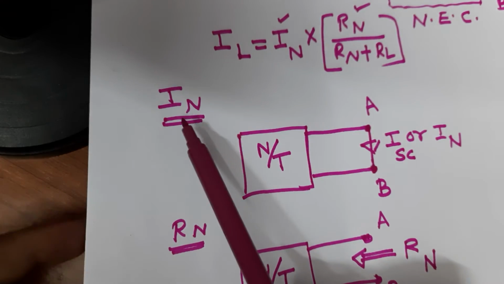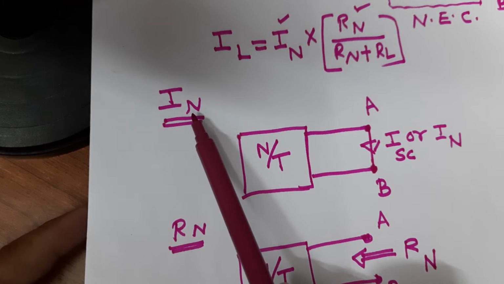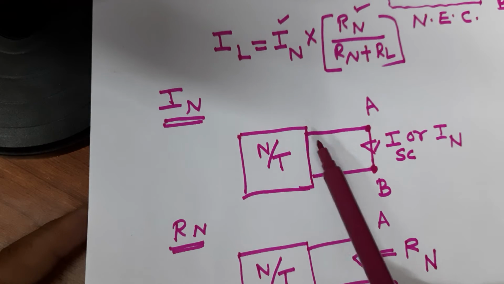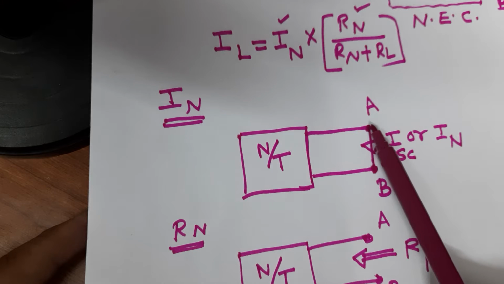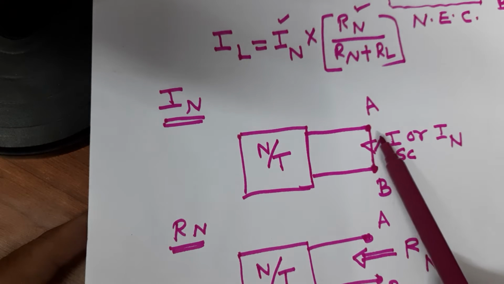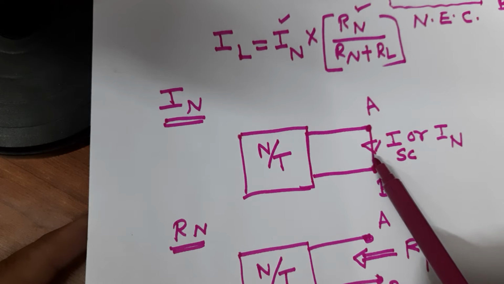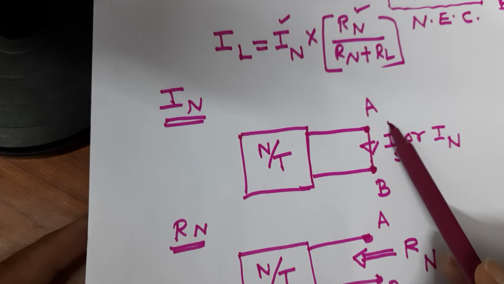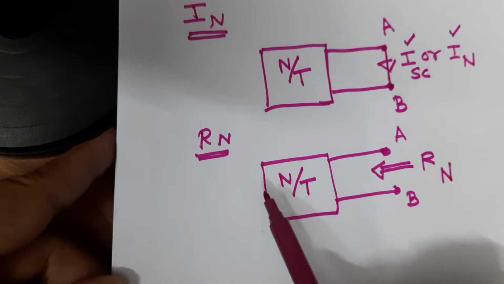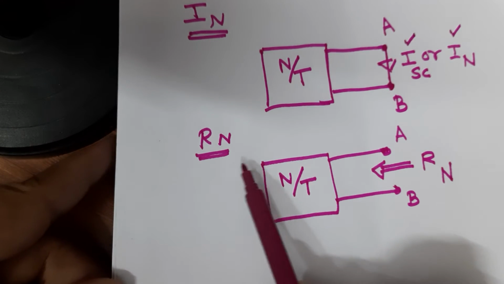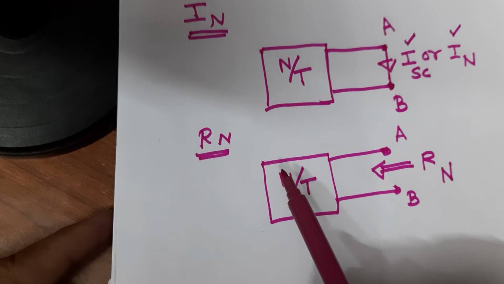And how did we find IN? IN is the Norton current that can be obtained from the given network. After removing the load resistance, we place a short circuit. Whatever current flows through the short circuit is nothing but the short circuit current, or Norton current. Similarly, the Norton resistance is found just like Thevenin's resistance.